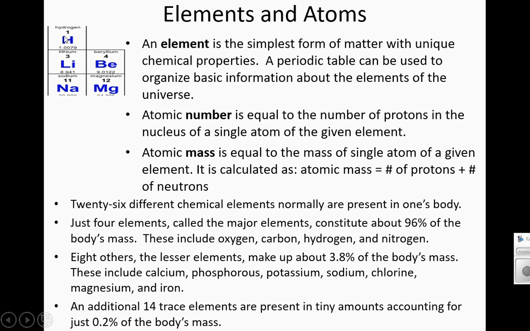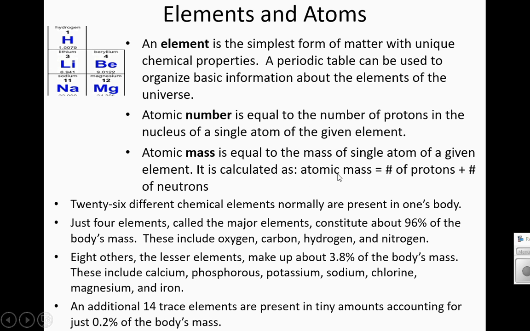Looking at hydrogen, the atomic number is 1. Well, what does that tell you? It tells you the number of protons in the nucleus of that singular atom of that given element. So for every atom of hydrogen, you're going to find 1 proton. We'll talk about what protons are here in a little bit. The bottom number is the atomic mass, and it is equal to the mass, obviously, hence the name, of that given element.